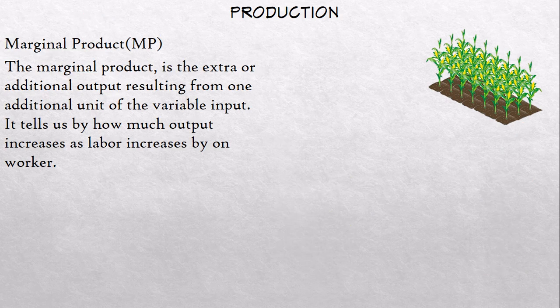Now let us take a look at the marginal product. When we talk of the marginal product, it is the extra or additional output resulting from one additional unit of variable input. In this case, my variable input is the labor, because I am in the short run, and in my short run analysis, I am assuming that my labor is the variable input and the land is the fixed input.